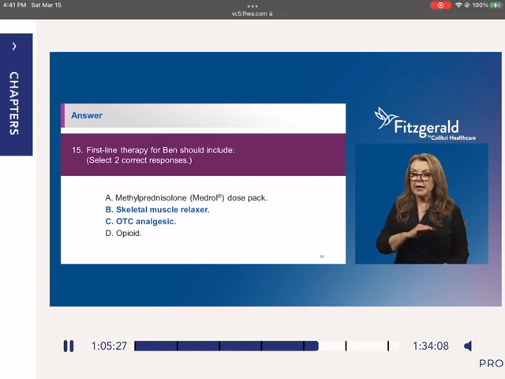He's a younger guy. He probably would be okay with using a burst of corticosteroid, but there's no particular clinical response seen with that. So B, skeletal muscle relaxer, and C, over-the-counter analgesia. Those are the correct answers there.